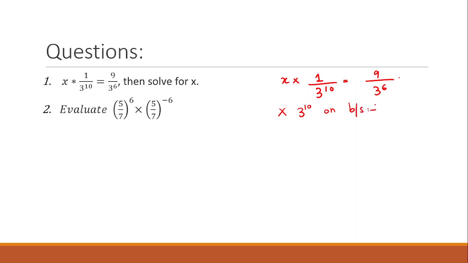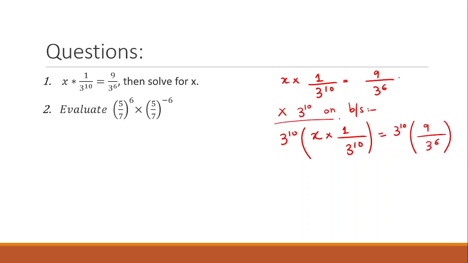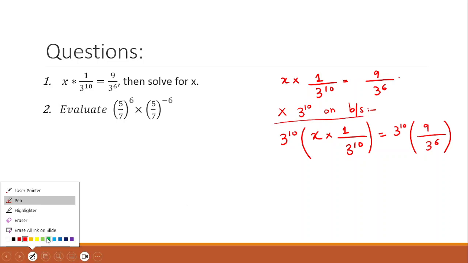You will see that this 3 to the power 10 will be cancelled like this. So x equals 3 to the power 10 multiplied by 9 divided by 3 to the power 6. I have just multiplied 3 to the power 10 on both sides.